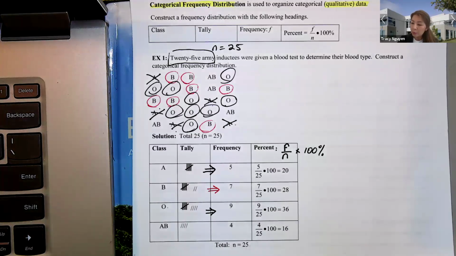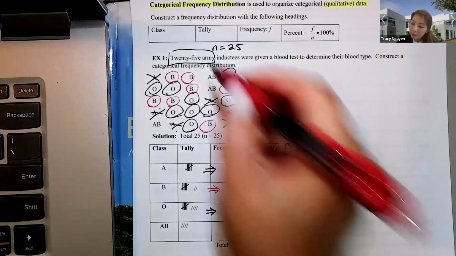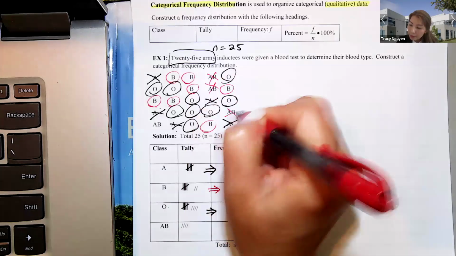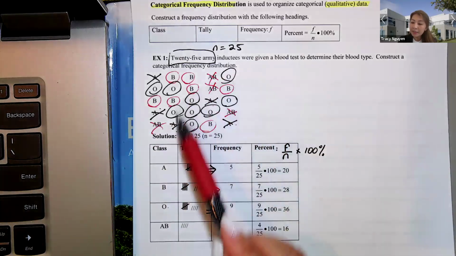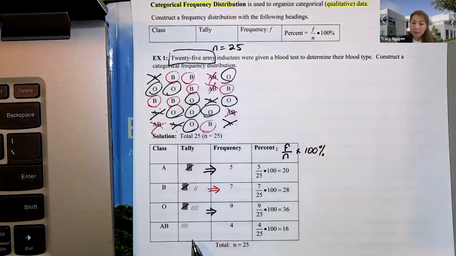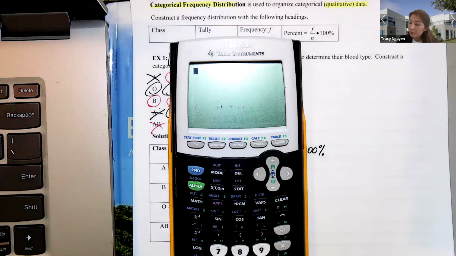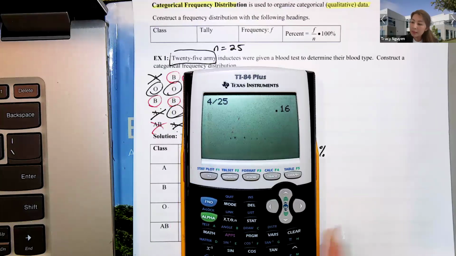We get the percent is 36%. The last one is AB. For AB here, we have 1, 2, 3, 4, and that's it. Notice we have collected the entire data already. So we have 4 tally marks, meaning that the numerical value for the frequency is 4. We take 4 divided by 25, which gives 0.16.